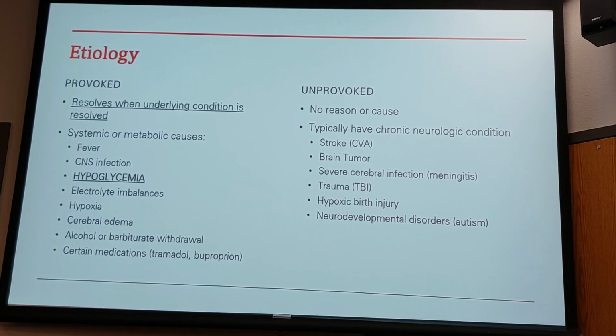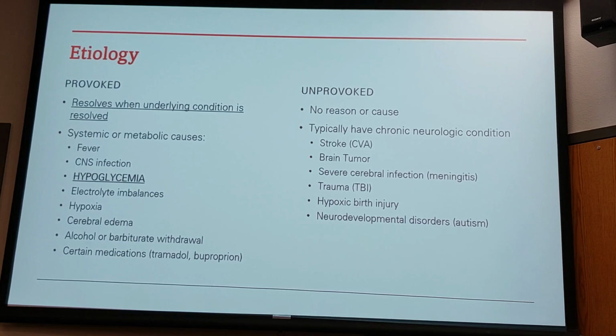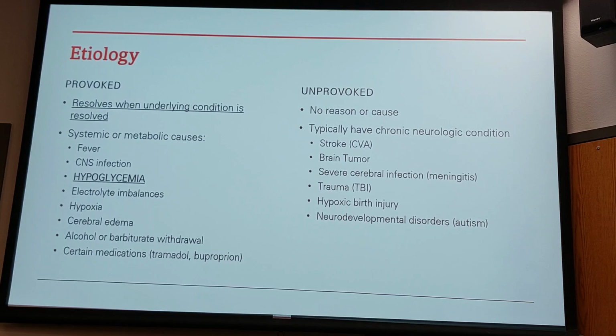So, an anoxic brain injury or hypoxic brain injury in an infant, cerebral palsy, we often will hear it termed that. That's essentially what happened with cerebral palsy, right? So CP, they didn't get enough oxygen and now there's this permanent brain injury.